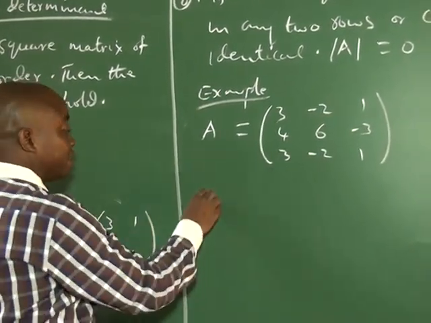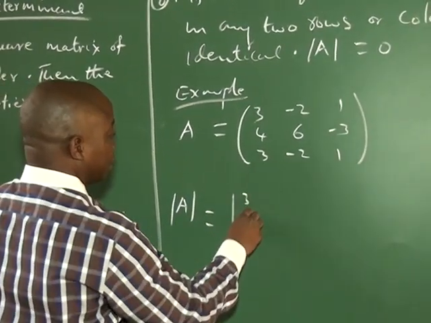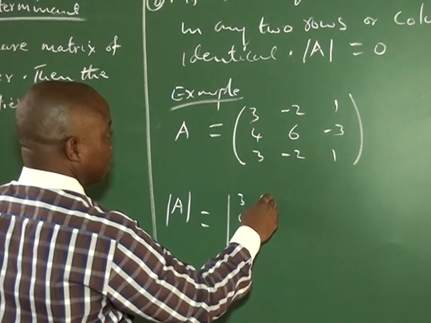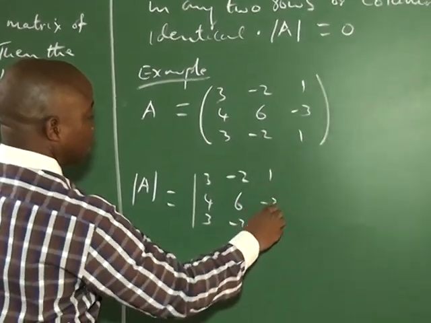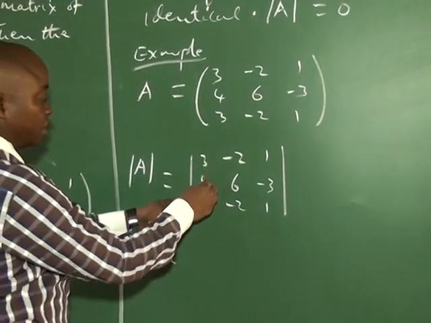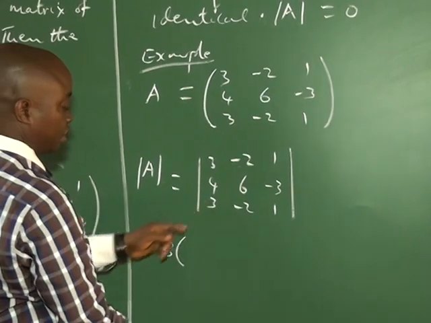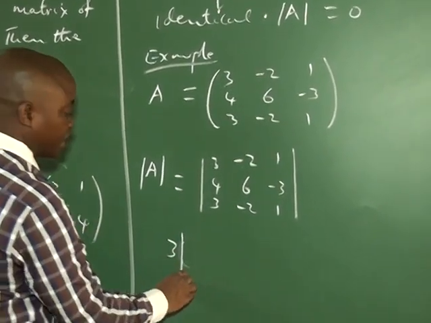If I take its determinant, we say that it must be equal to 0. Look at 3, 4, 3, minus 2, 6, minus 2, 1, minus 3, and 1. Now, 3, you ignore here and here as usual. So let us write it in this way so that we follow it properly.